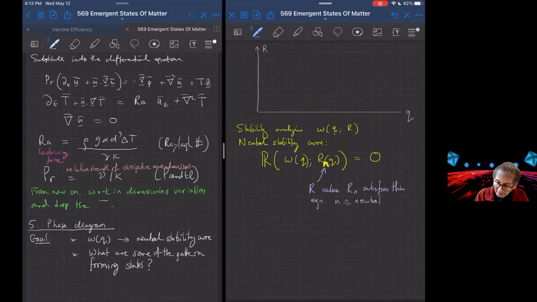When I'm writing this down, what I'm thinking of is that R is the control parameter, and for us, R is just the Rayleigh number at fixed Prandtl.